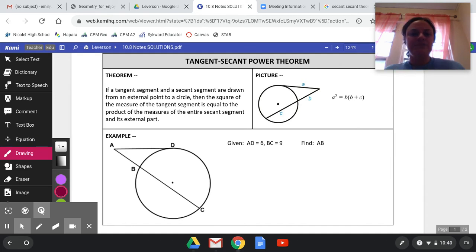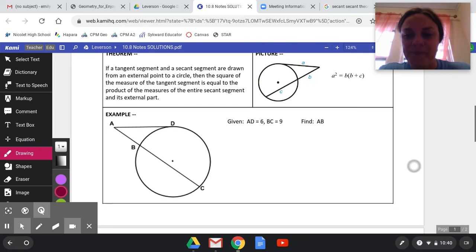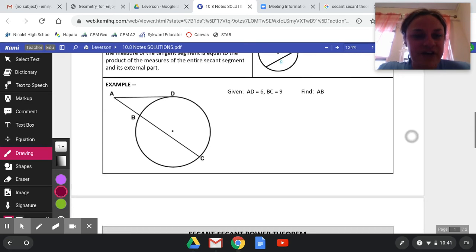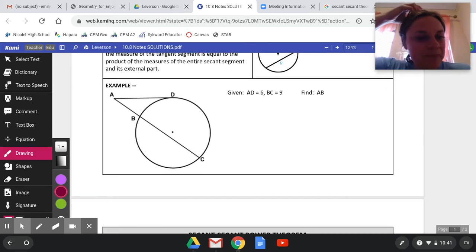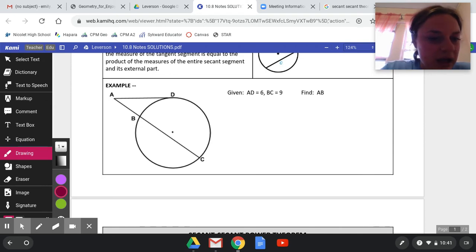All of these theorems can be proven using similar triangles. So if you want a fun little quarantine activity, feel free to go through and see if you can find the similar triangles and prove them. If you've got questions, feel free to email me or Mr. Gibbon. So let's start by labeling what we are given here.